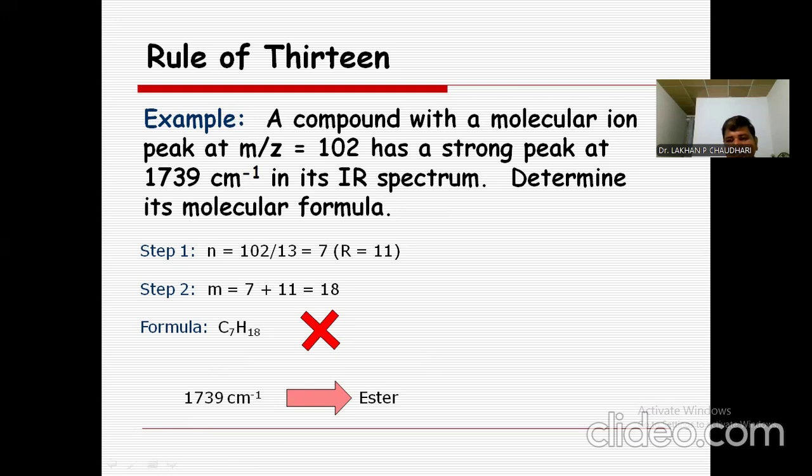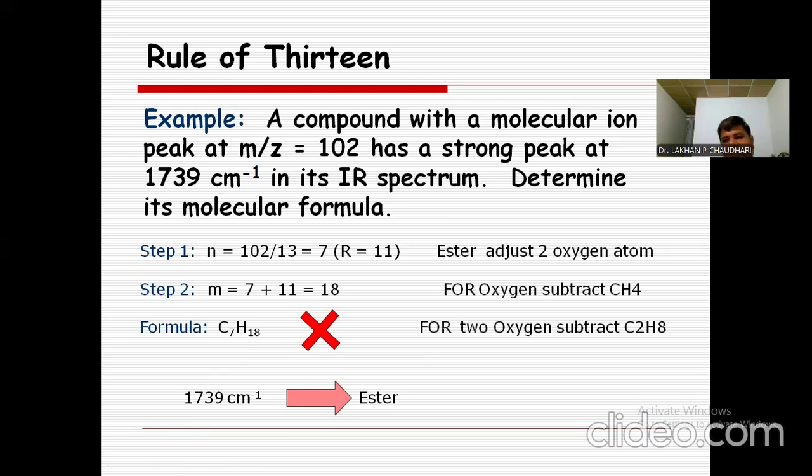If we try for the ester, we have two oxygen atoms. The mass of oxygen is 16. For a single oxygen atom, we have to replace one carbon and four hydrogen atoms, so it is an equivalent weight: oxygen is 16, and CH4 also has a weight of 16.